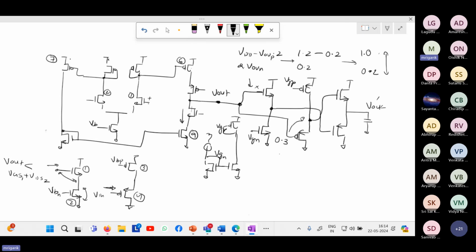On the NMOS side, in that case, it is off. When the input was low, NMOS is off. As a result, this voltage will be completely down, towards a lower value. NMOS is turning off, and this is coming at a very low value. This will be turning on the device over here.